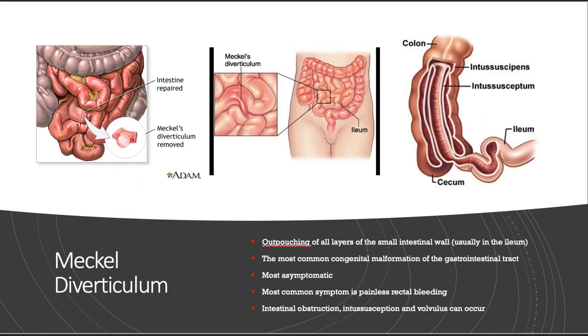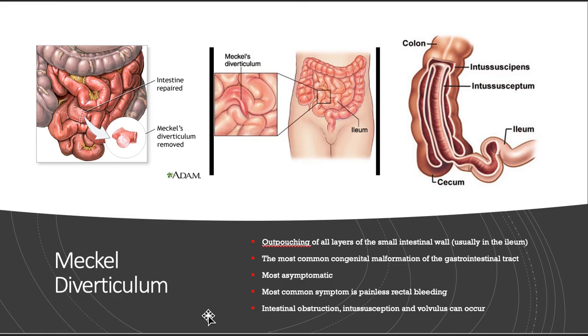All right, Meckel diverticulum. Remember we talked about diverticulitis in adults, where we have these little fingers that stick out. A Meckel's diverticulum is a diverticula sticking out too, but it's in the small intestine, and you see it in a child.